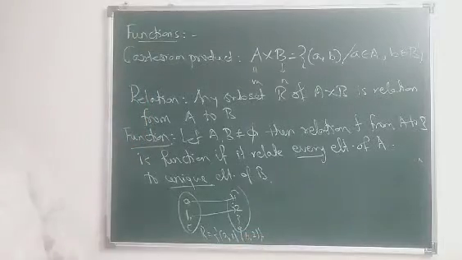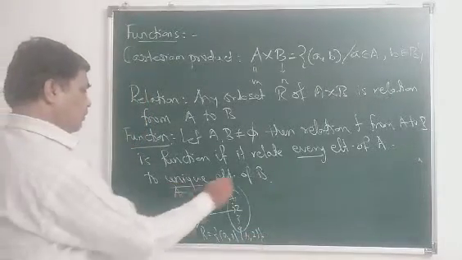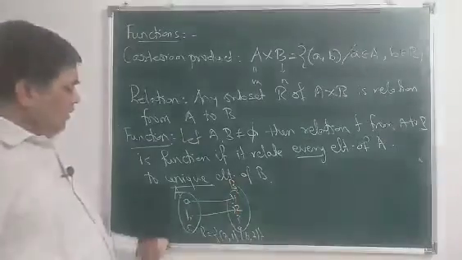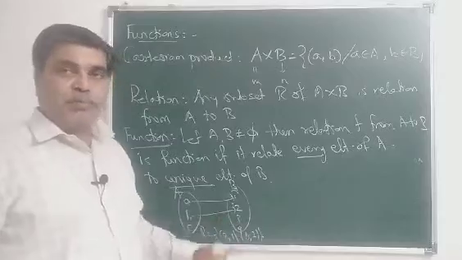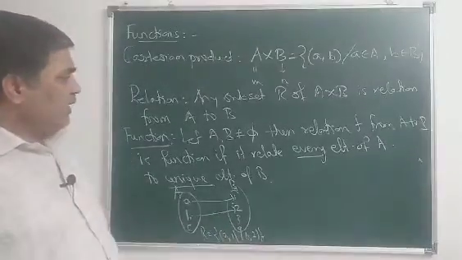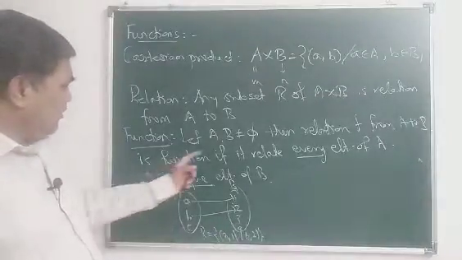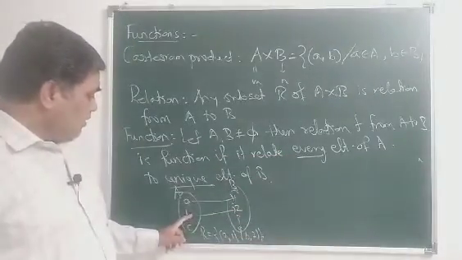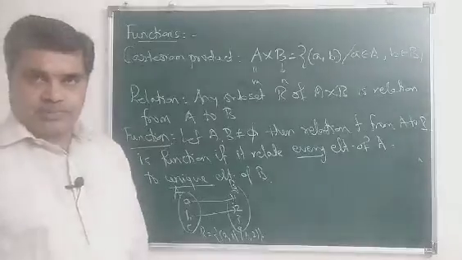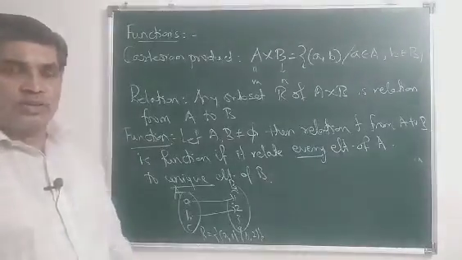So it is a relation from A to B, but that relation doesn't assign C to any member of B. So we are getting a contradiction to 'every element of A'. Therefore, this relation is not a function.